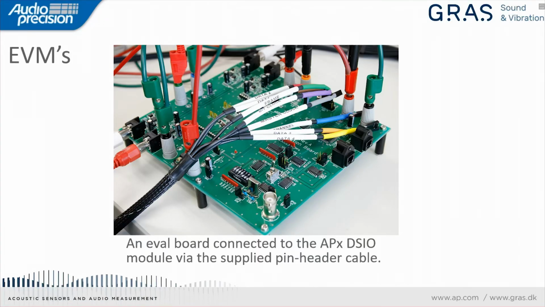The evaluation module that I'm using today requires plus minus 15, plus 5, and plus 3.3 volts for power. So I've got a DC power supply set up for that. I've got analog audio going into it through a balanced connection. And then I have these DSIO square pin cables going to the device under test and the APX.